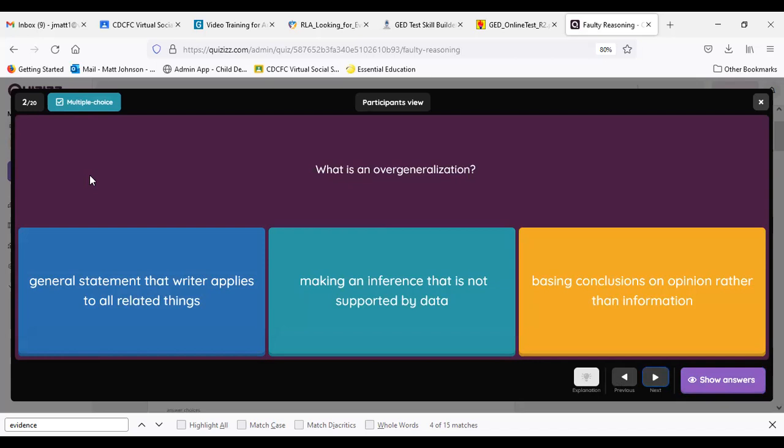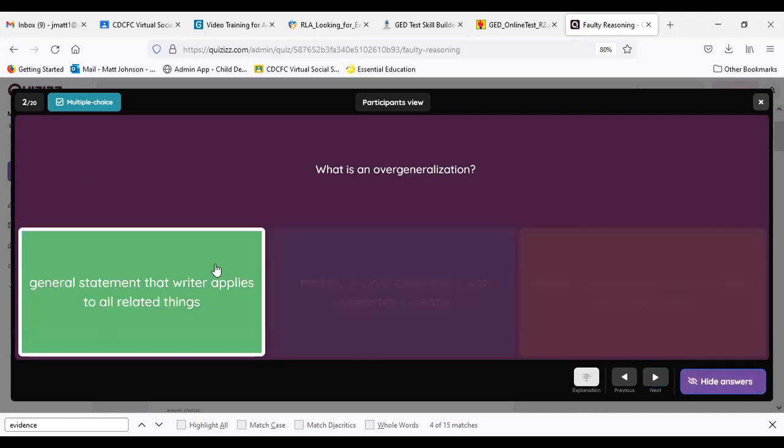It's going to be related to making an inference that is not supported by data, or a conclusion based on opinion rather than information. I think it's going to be the first one. Let's see. Yeah. So a general statement that the writer applies to all related things.